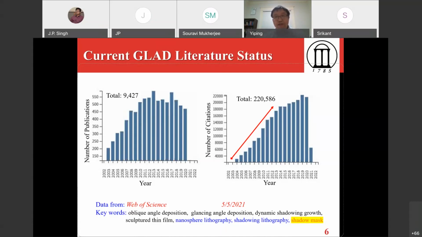So this field is still very promising, and there is still a lot of work to be done, for example, to study the growth mechanism, to design new structures, and also to use them for new applications. So I hope that everybody can enjoy this meeting and also learn from each other and also push the field forward. Thank you very much.